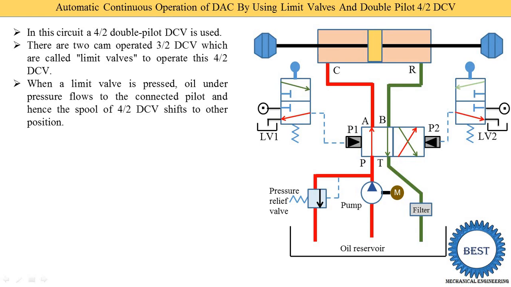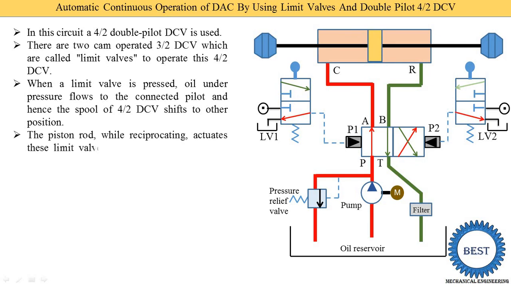Means when this cam presses, it changes the position of the 3x2 DCV, which further supplies the oil to the particular pilot side of the directional control valve, and the position of this directional control valve is changed.